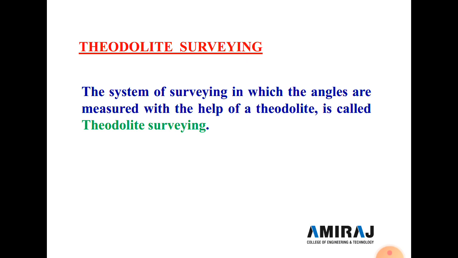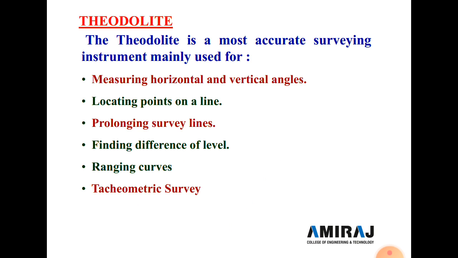If the starting point and end point meet each other, like start here, then 1, 2, 3, 4, 5, so all the points are joined with each other and the line is drawn, it is called a theodolite traverse, and this surveying is called theodolite surveying.